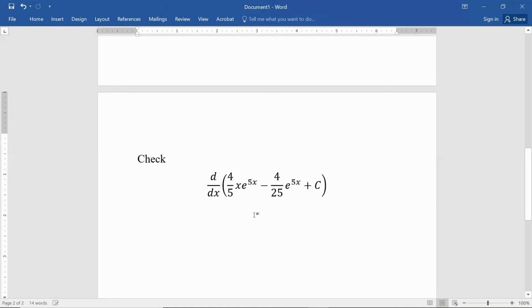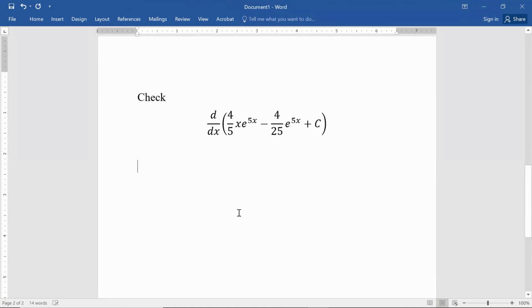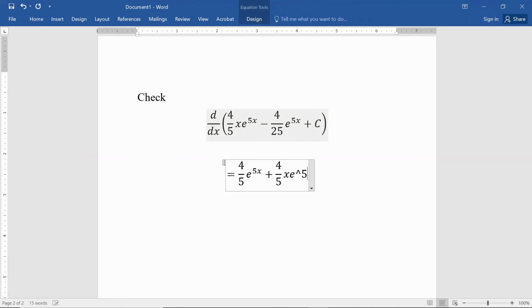When I do that, what happens is the polynomial would just become 4/5 normal e to the 5x plus normal 4/5 x multiplied times derivative of e to the 5x. Derivative of e to the 5x is e to the 5x times 5. When you multiply this 4/5 times 5, you get 4.